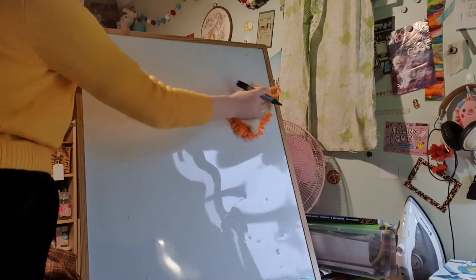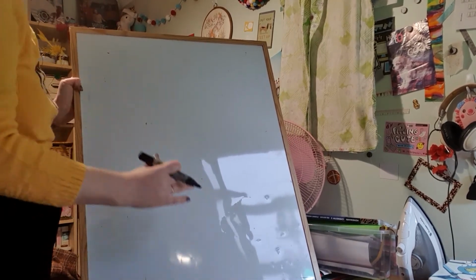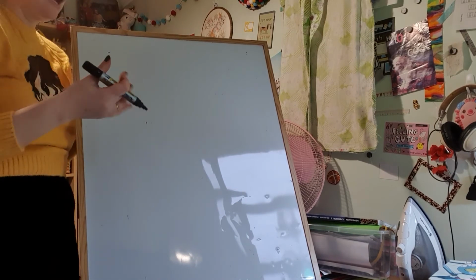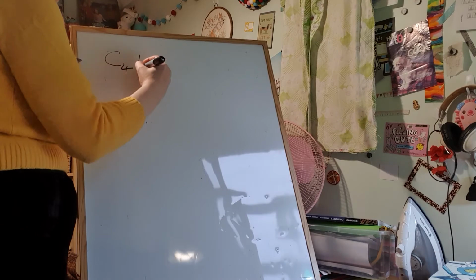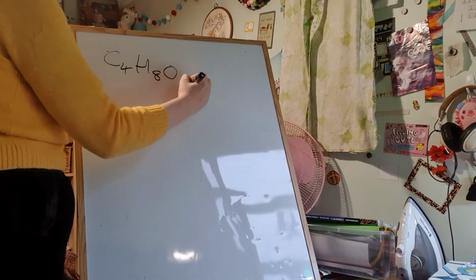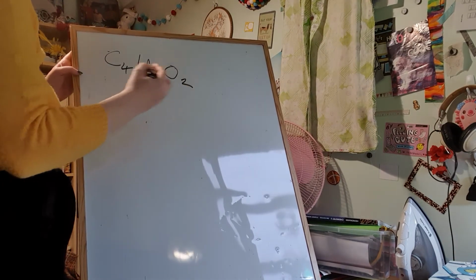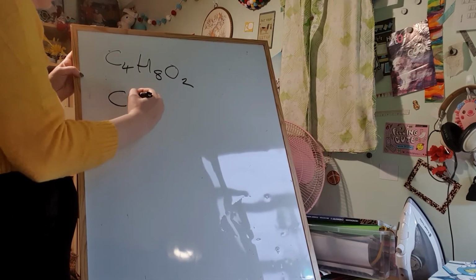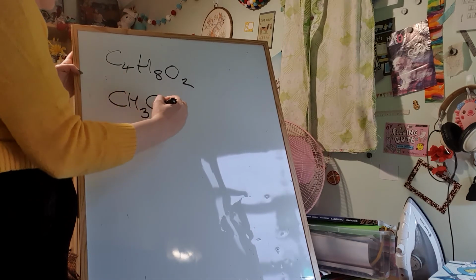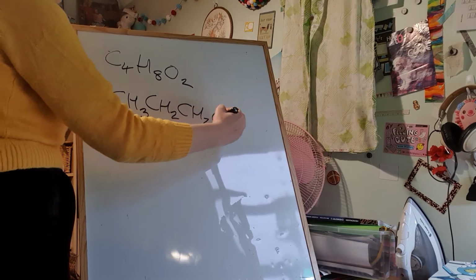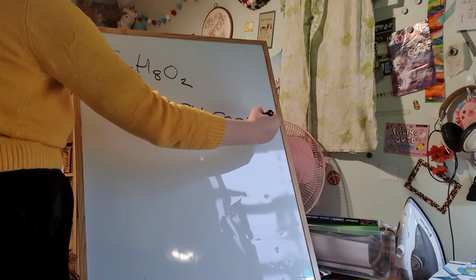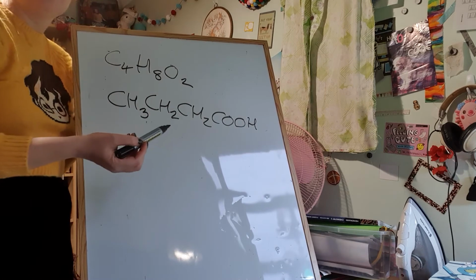So semi-structural is taking that one and explaining it in our formula. So we've got C4H8O2, and what we're doing is condensing our structural to say we've got a CH3 on here, a CH2, and a COOH, and that gives us a lot more information.